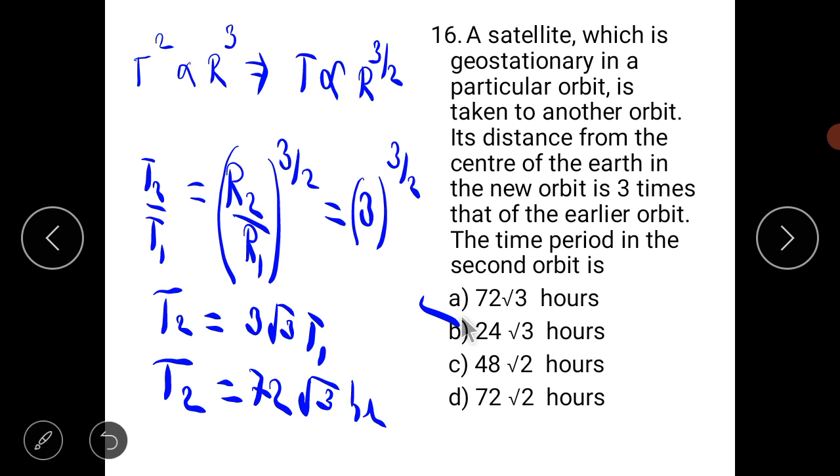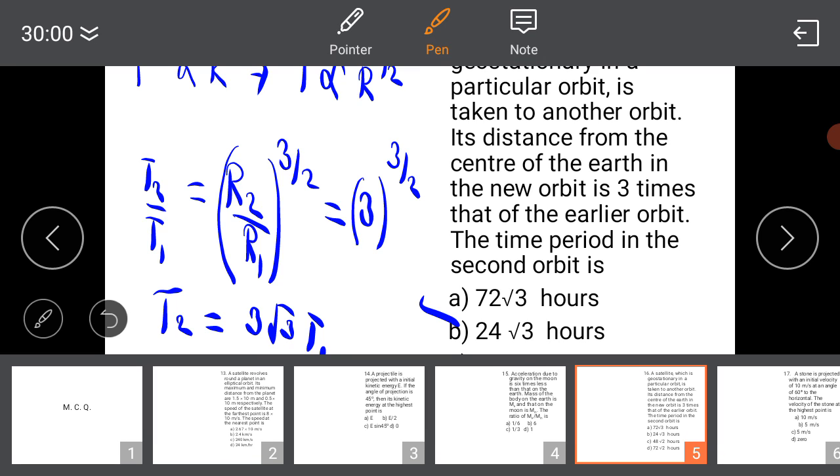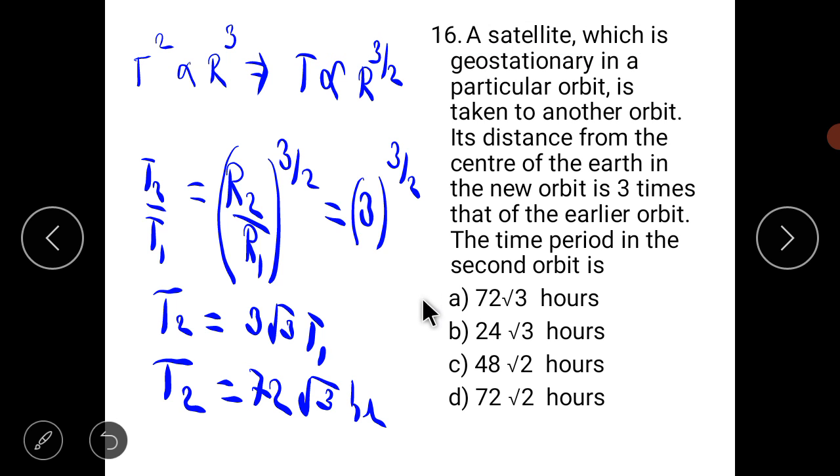That is option A. A is the correct option. Okay, so go for the next question.